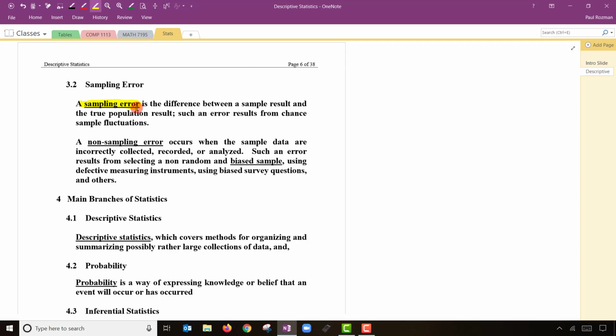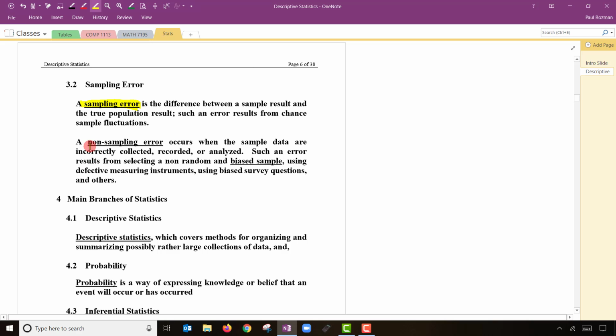I could get the mean of those 20 students, and I would hope that that mean would be representative of the whole population. Now, it wouldn't probably match. It certainly wouldn't match exactly. So there's a difference between our sample value and the actual value, and that's what sampling error is. It's not really that you've made an error, it's just the difference between your sample value and your population.